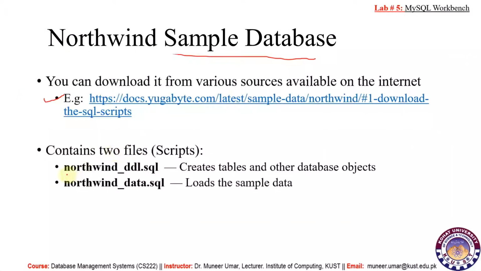These two files will be used. The first one will be used to create tables and other database objects, and the second file will be used to load data into the database. So we will have some sample data incorporated after executing this SQL file.